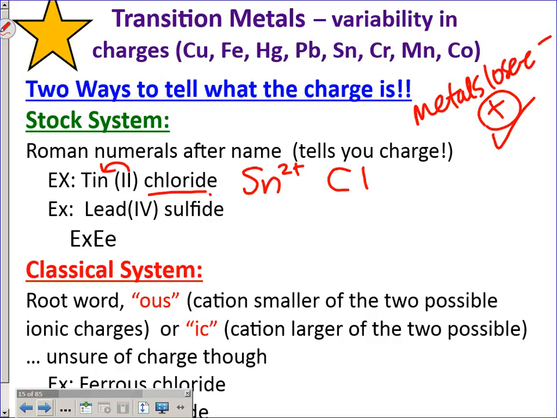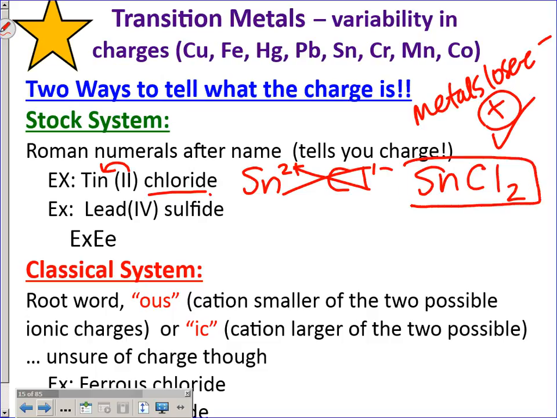So if one gets a charge, the other one does too, because they're both ions. They must complete each other. Crisscross your charge and tell me the formula. SnCl2. So the way you say this name out is tin-2 chloride, because that 2 is indicating the charge of tin. So when I say tin-2 chloride, you're hearing this name, but you're seeing this formula.